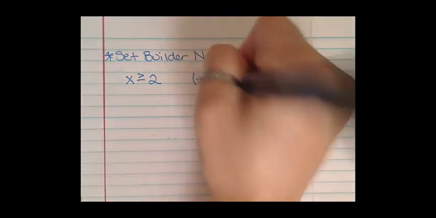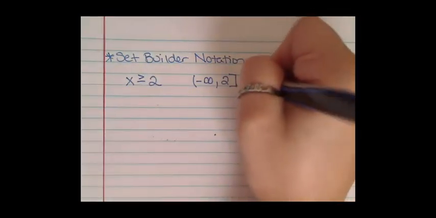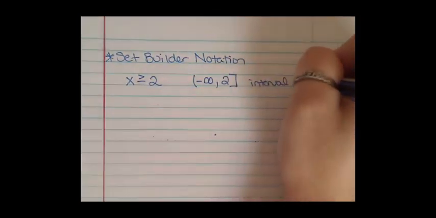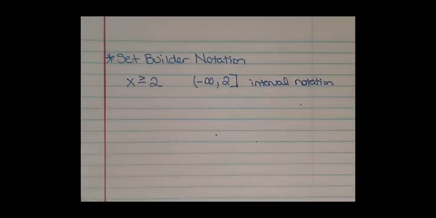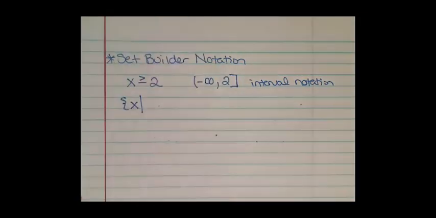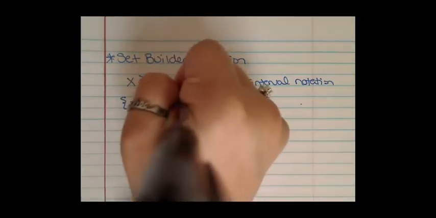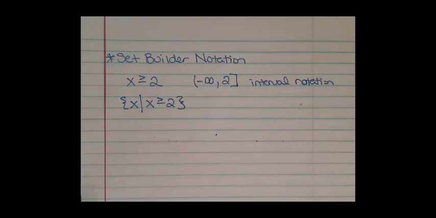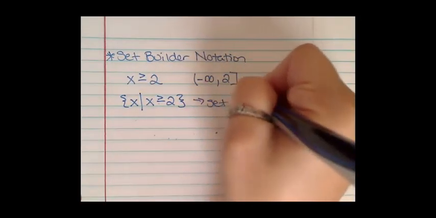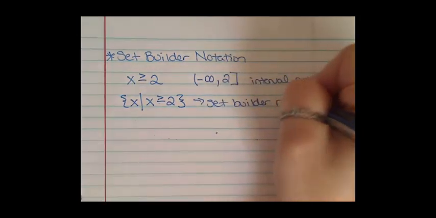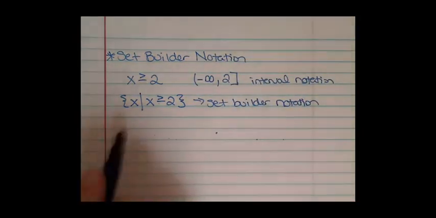Our set builder notation is curly bracket x with a vertical line, and then you're going to have x is greater than or equal to 2. That's it. This is your set builder notation. And what this reads as is x such that x is greater than or equal to 2. That's how you would read that in words.